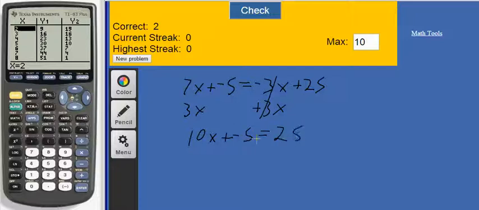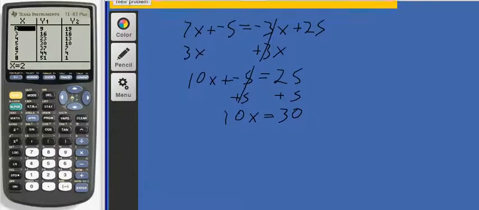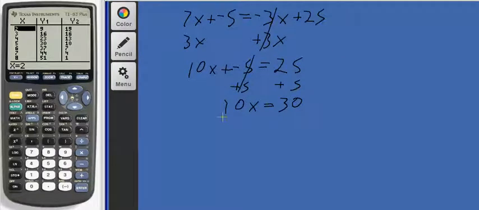Then all my constants are ones on the other side, so the opposite of minus 5 is plus 5. I'm just adding those. Then I divide both sides by the coefficient of x, and I get x is equal to 3, which was the same thing, of course, that we found.